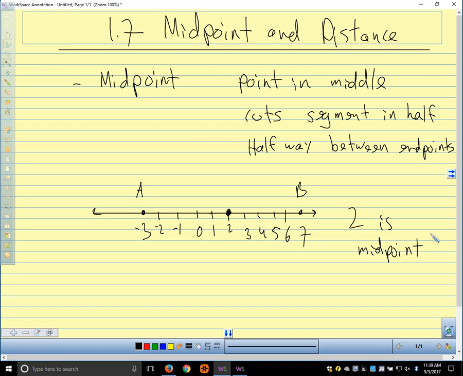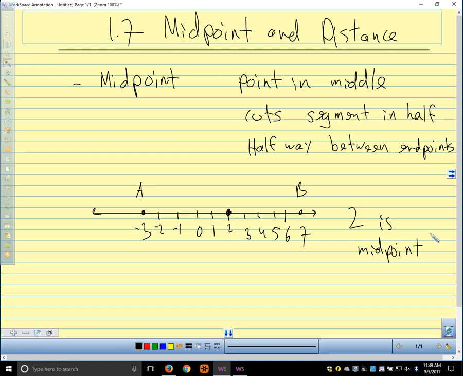Now, if these numbers are bigger, instead of -3 and 7, we had 3,852 and 7,576, what we did with the counting is a little more difficult. Or if our endpoints are fractions or some kind of decimals, it gets a little more difficult.